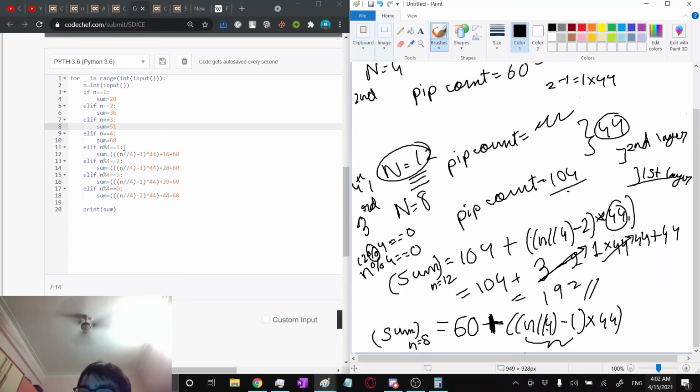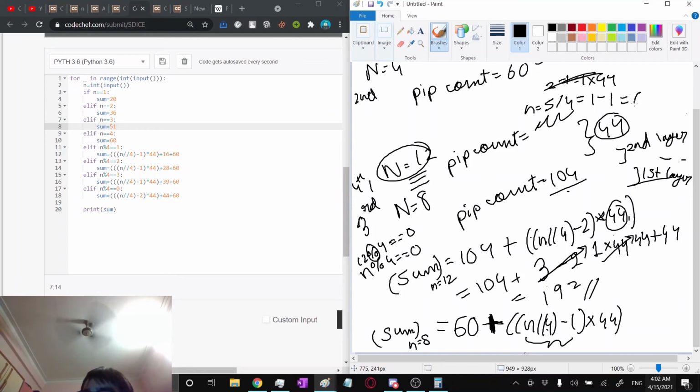Not exactly, it is for n equal to 5. If we divide 5 by 4, we get 1. So for the second layer, it would be 1 minus 1 equal to 0. Okay, we won't add anything in the second layer. This will turn out 0, and we'll directly add 16 to it.